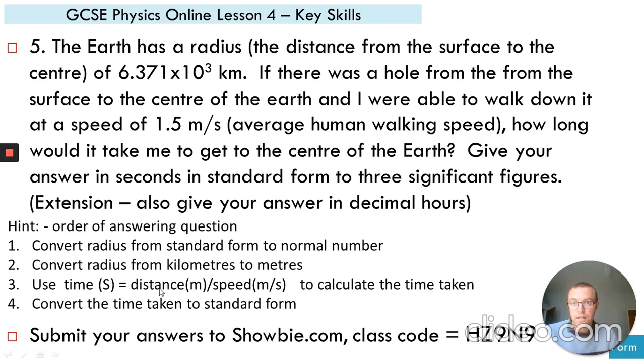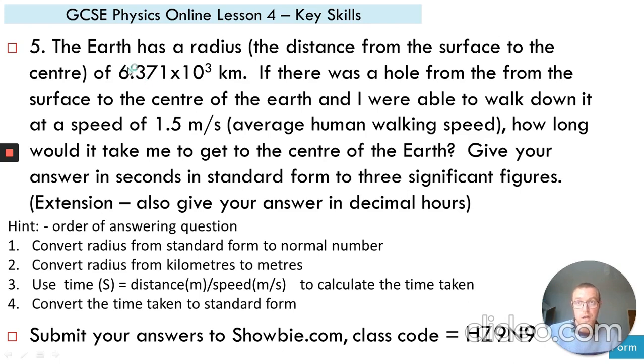You should have the distance in meters. You've calculated it. You've been given the speed in meters per second, so just divide the two. Finally, when you have the time, you'll just have it in seconds if you've got the numbers right. Convert it to standard form.